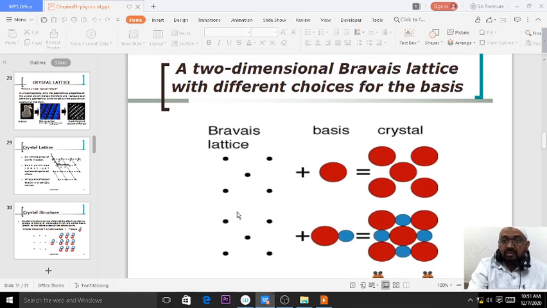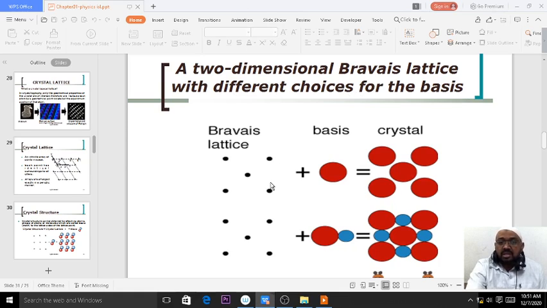Now we can have a two-dimensional lattice. We just call these lattices. This particular assumption of lattices was given by the scientist Bravais. So we have a glance at the two-dimensional Bravais lattices with different choices for the basis. What is the meaning of different choices of basis?